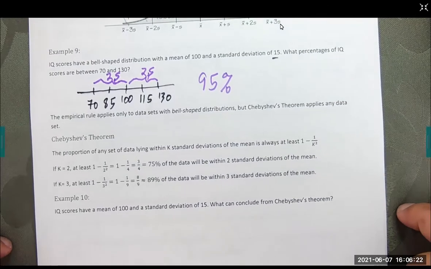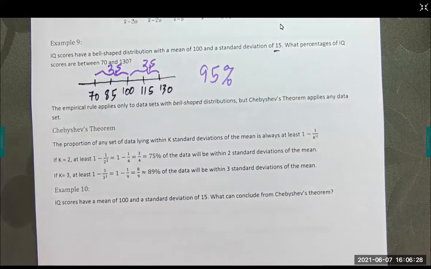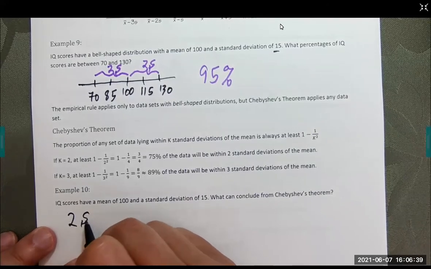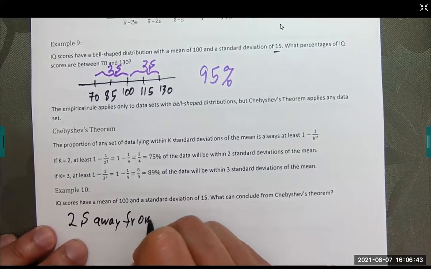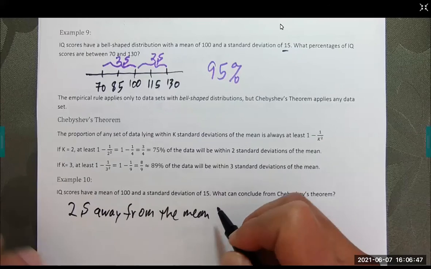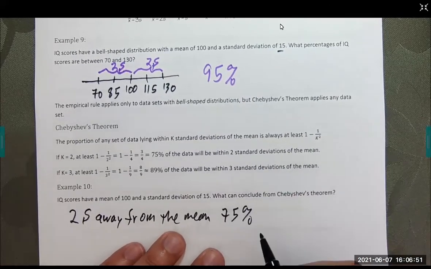So that brings us full round here. IQ scores have a mean of 100, standard deviation of 15. What can we conclude from Chebychev's theorem? We can conclude that 2 standard deviations away from the mean will give us 75% of the data.